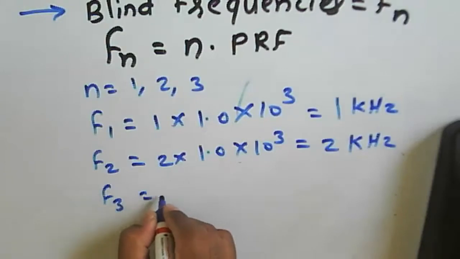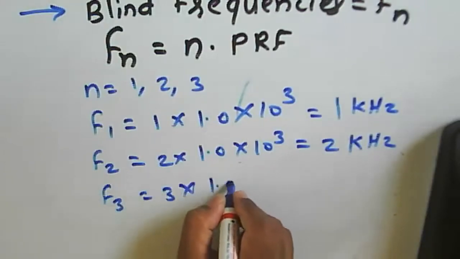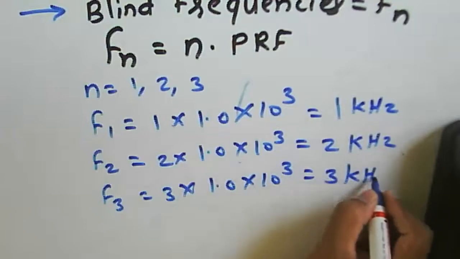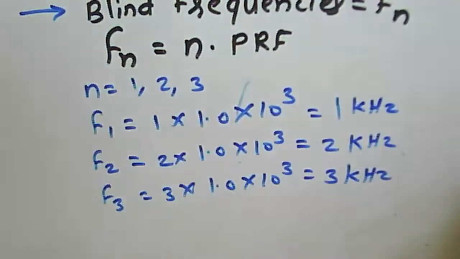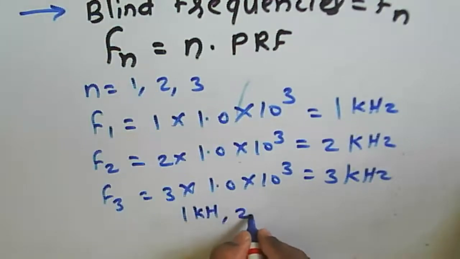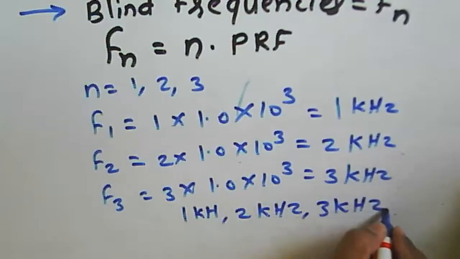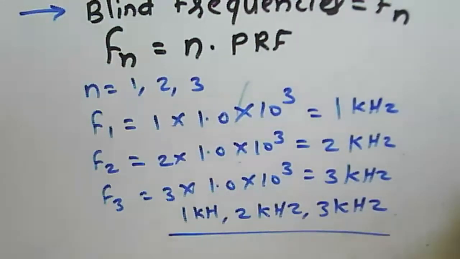Then f3 is equal to 3 into 1.0 into 10 to the power 3, which is 3 kilohertz. These are the three lowest blind frequencies: 1 kilohertz, 2 kilohertz, 3 kilohertz.